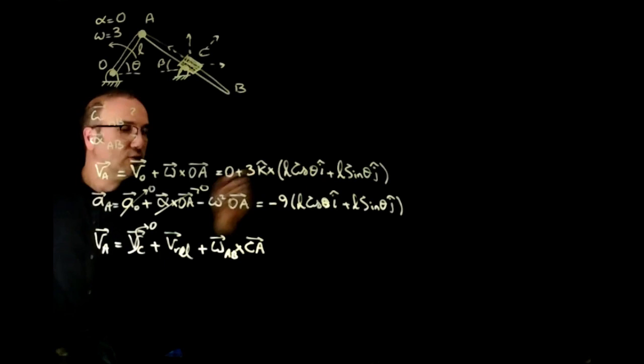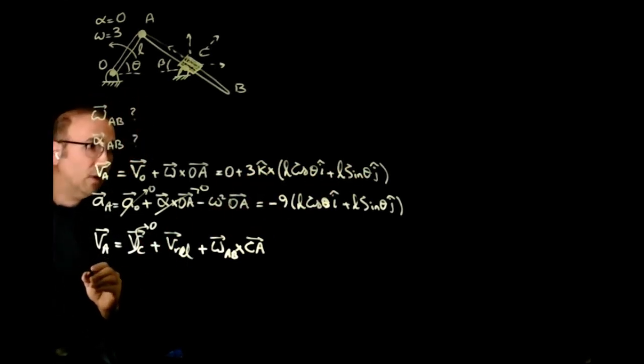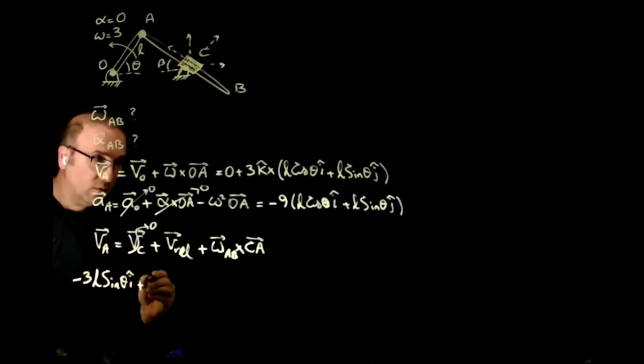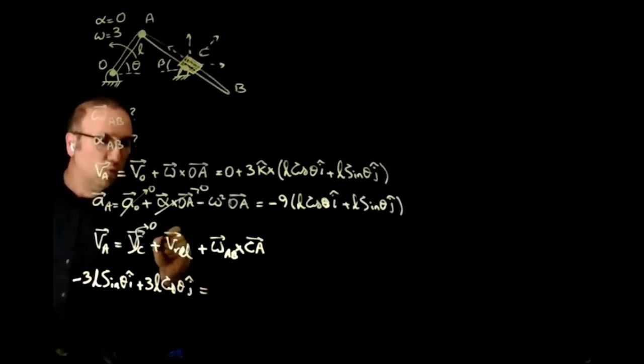It is K hat cross I hat, which is J hat, K hat cross J hat, which is I hat. So it is negative I hat. So it is negative VL sine theta I hat plus 3L cosine theta J hat equals VREL.